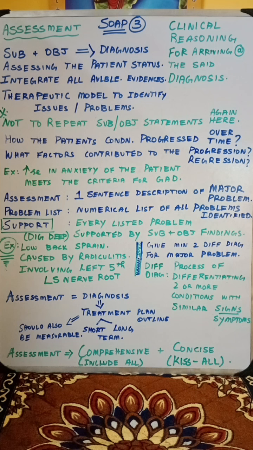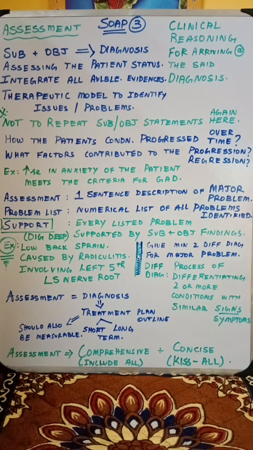Considering what they told in subjective, and considering that the GAD criteria are also checked, both of them are matching, and so we finalize the diagnosis as GAD, generalized anxiety disorder. Now, in assessment, there will be one sentence with the description of a major problem, and we can list the problem.